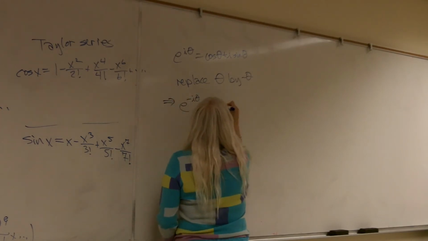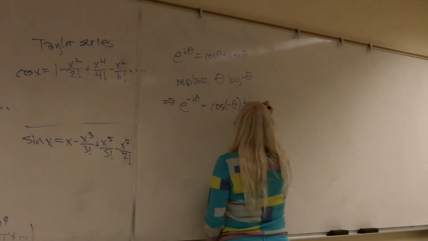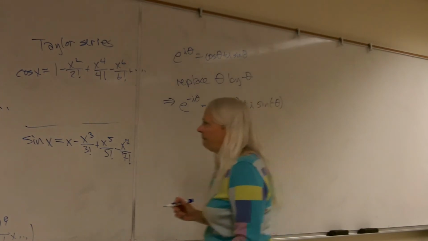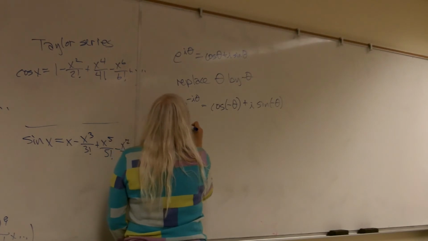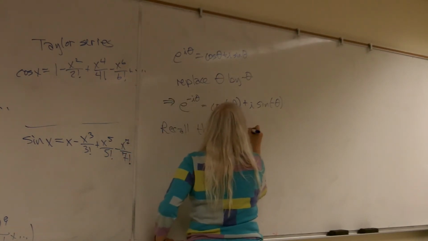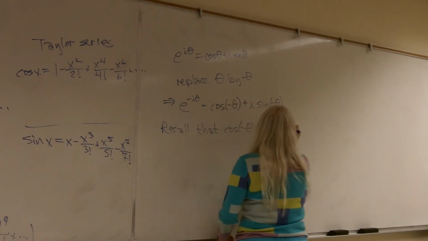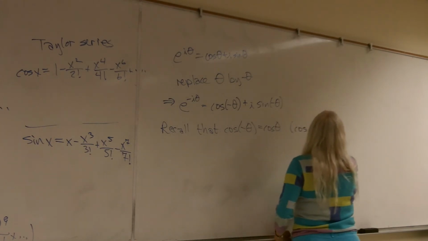That would be equal to the cosine of minus theta plus i times the sine of minus theta. Now, recall that cosine of minus theta is equal to cosine of theta. In other words, cosine is an even function.